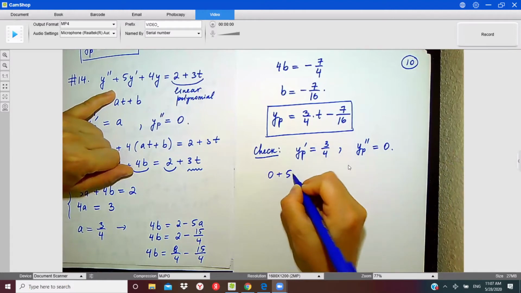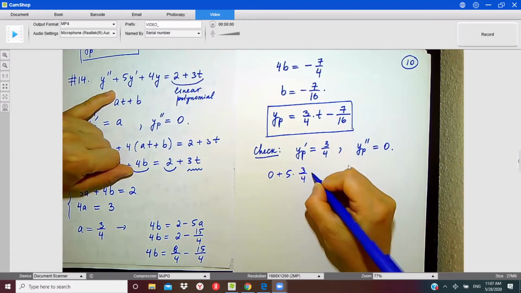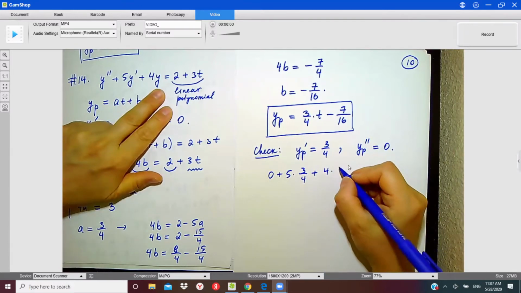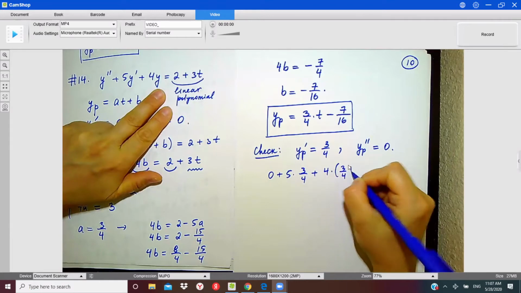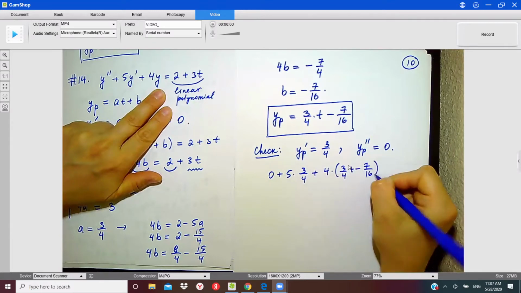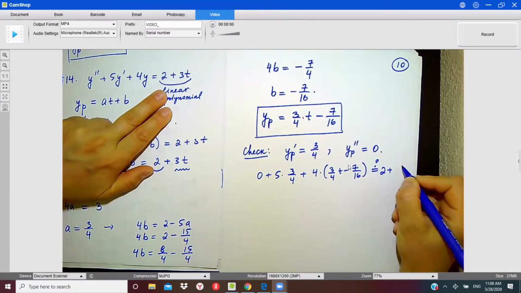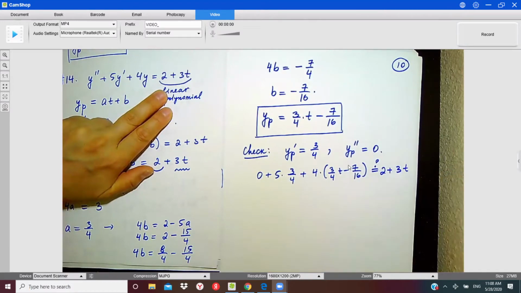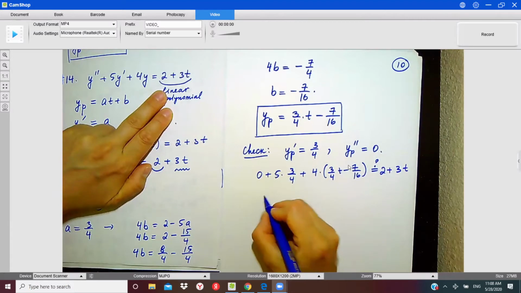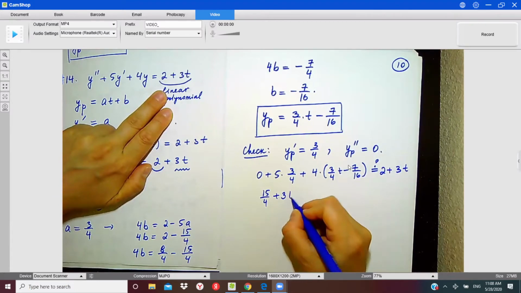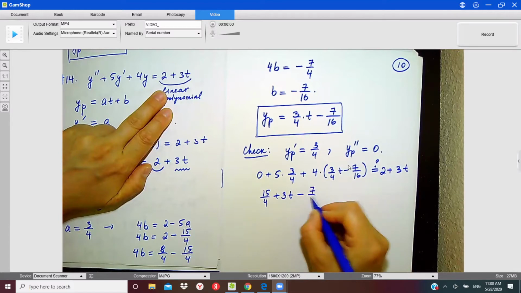So I want to make sure I'm getting 2 plus 3 times t. So this is 15/4 plus 3t minus 7/4.